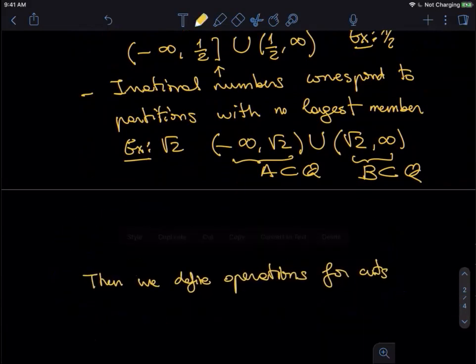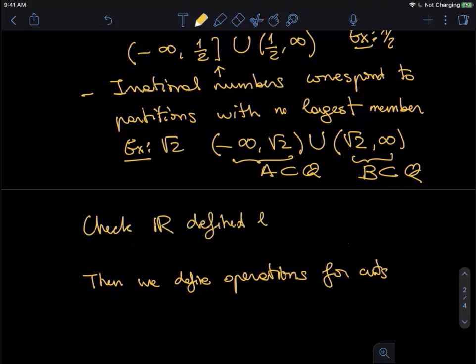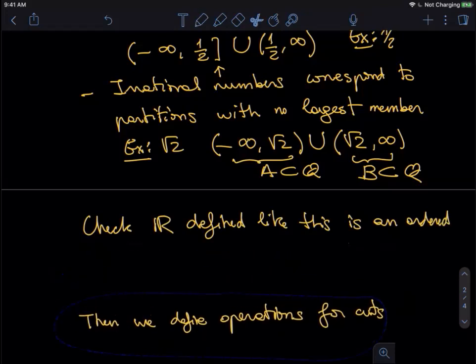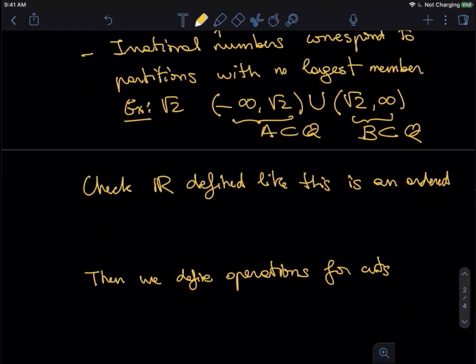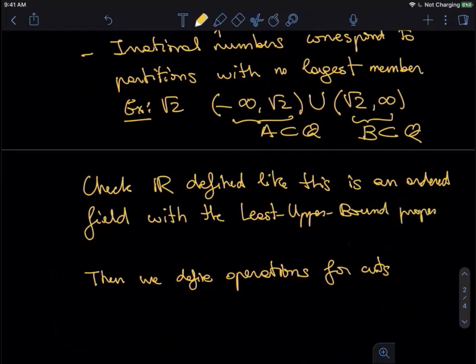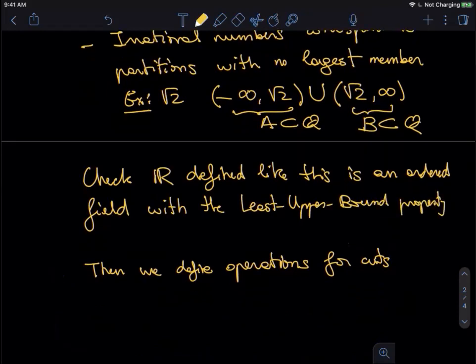Sorry, first thing we need to do is check that R defined like this is an ordered field with the least upper bound property, okay.